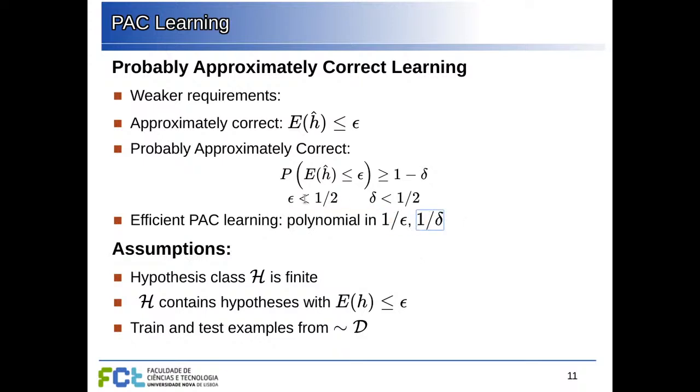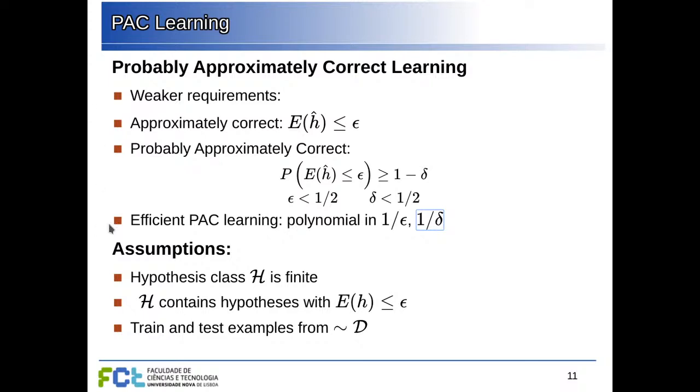So as we reduce this, the complexity increases, but increases polynomially and not exponentially. So this is the idea more formally of what we can expect to achieve with machine learning or this supervised learning when we're trying to classify something or predict something. We can expect our learners to be probably approximately correct.